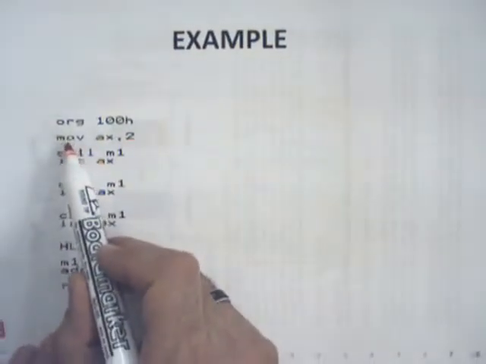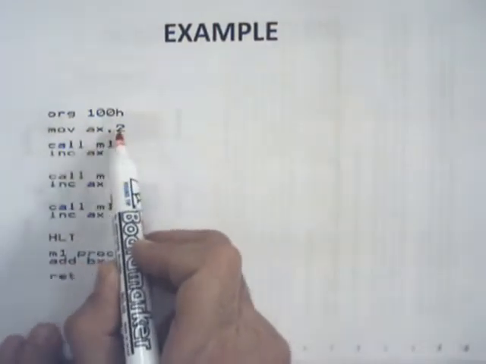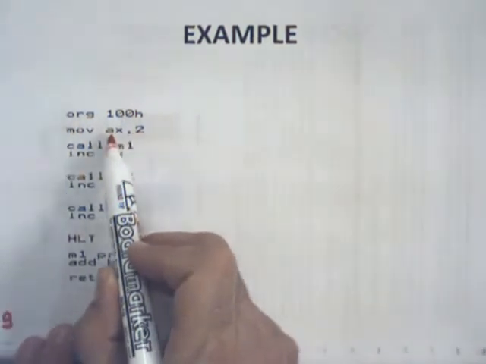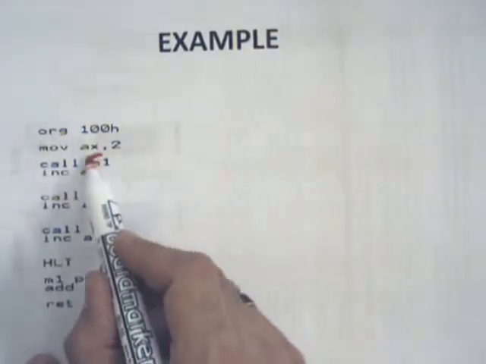The program starts, and the first instruction moves a decimal value of 2 to the 16-bit register AX. Then a subroutine called M1 is called. At the same time, the program goes to this block, which is the subroutine.